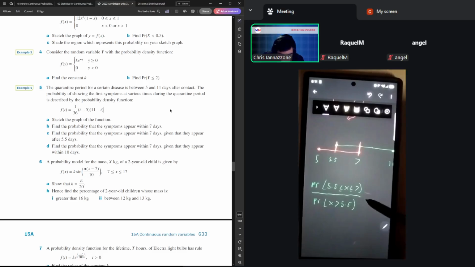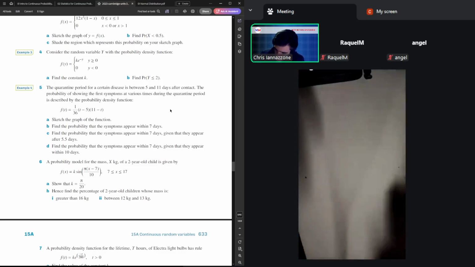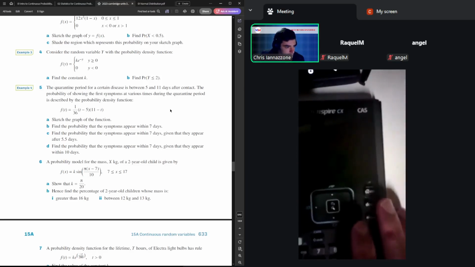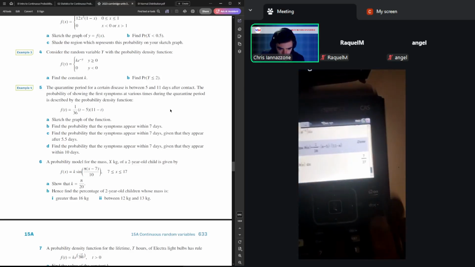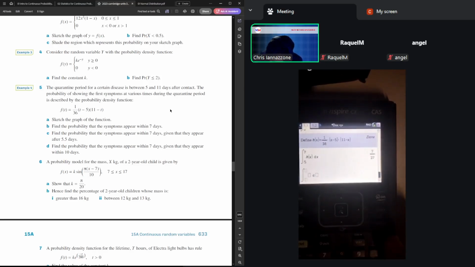We now have the two things that we are trying to find. We want the numerator, we want the denominator. Both of these are probabilities over a given domain, hence we're doing a definite integral over that domain. So for the first one, it was 5.5 to 7.